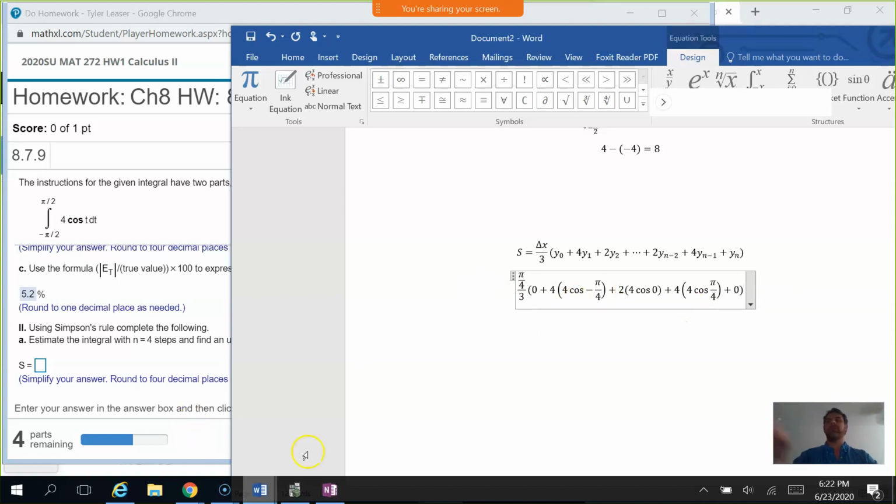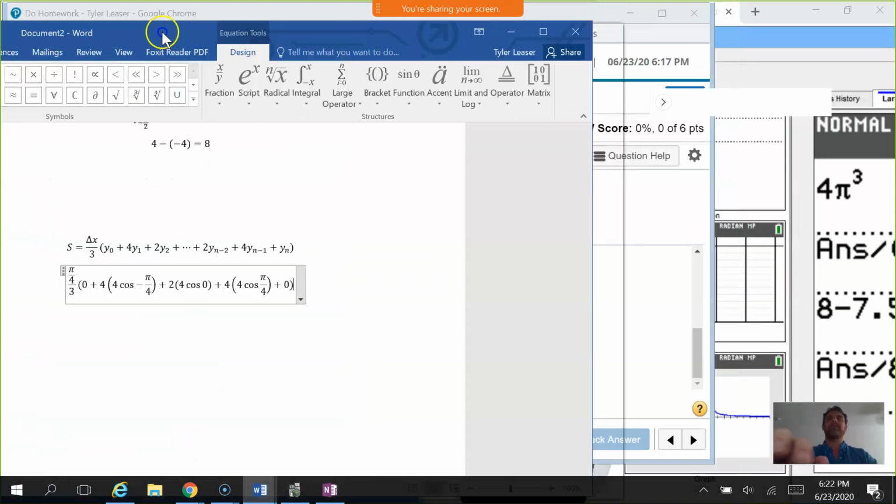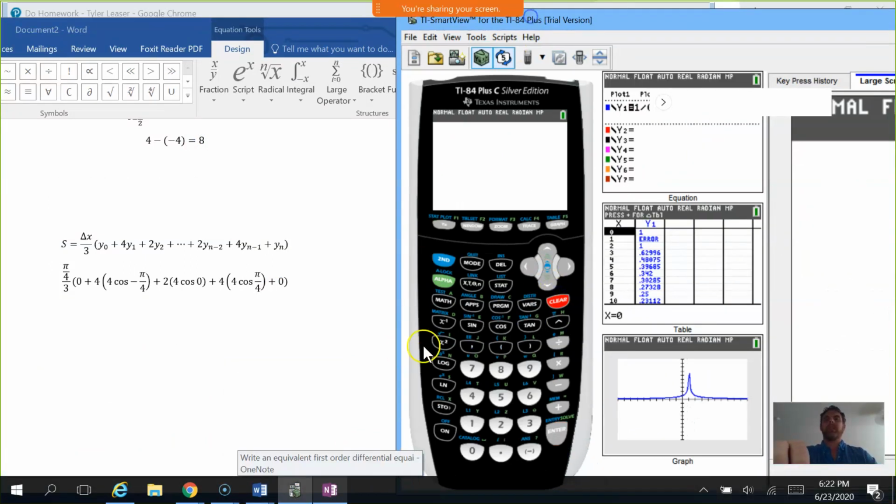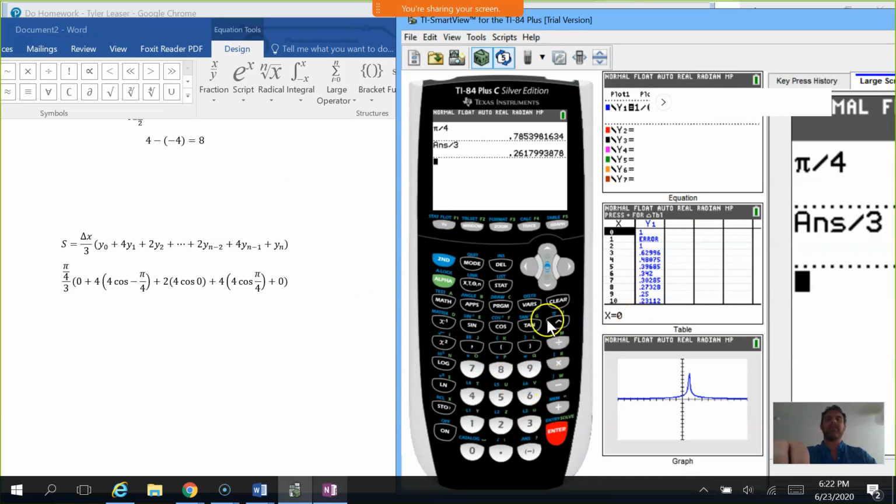All right, so this is what we would type into the calculator this time. So the pi over 4 divided by 3 times, so 4 times 4 is 16 cosine of negative pi over 4.